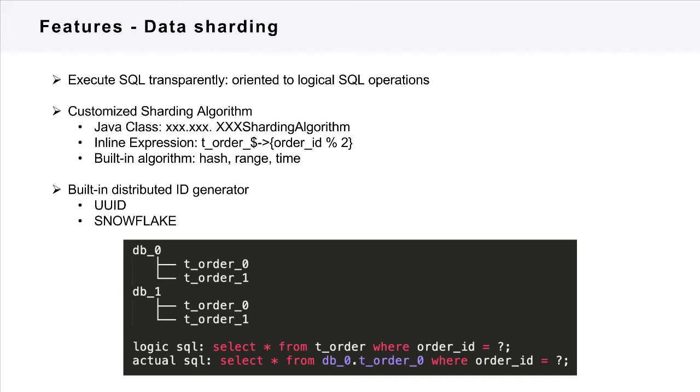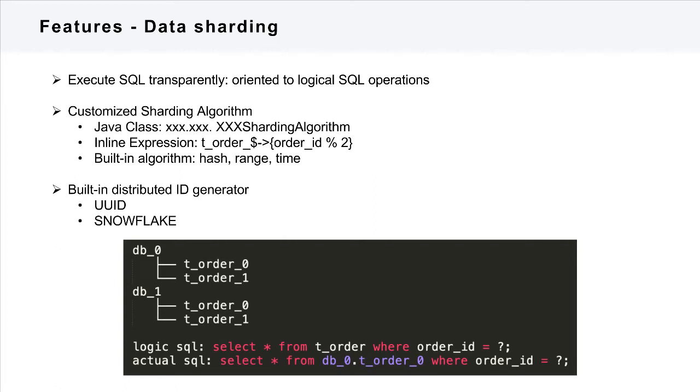As shown in the figure below, we have configured data sharding rules, including two databases, DB0 and DB1, and each database contains two tables, t_order_0 and t_order_1.